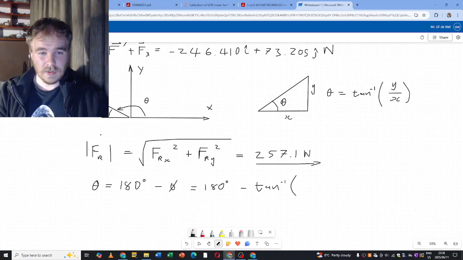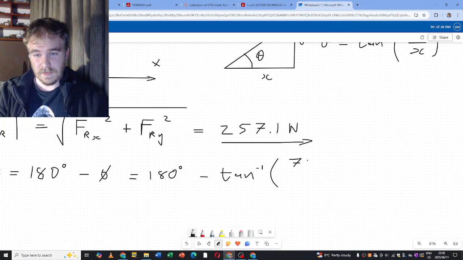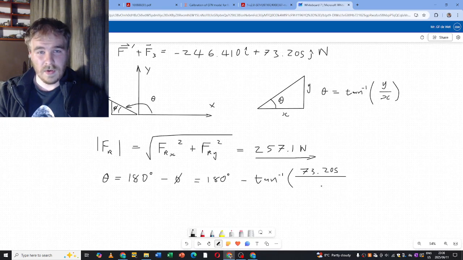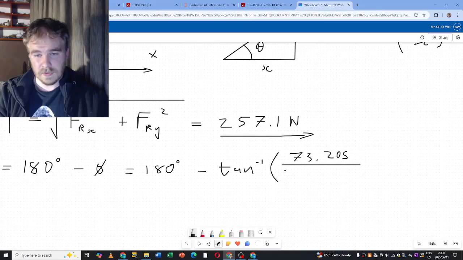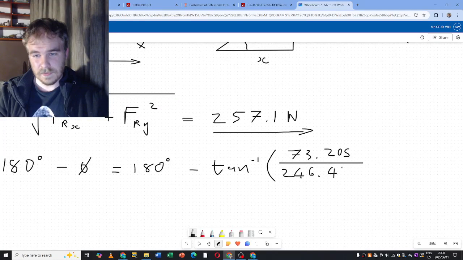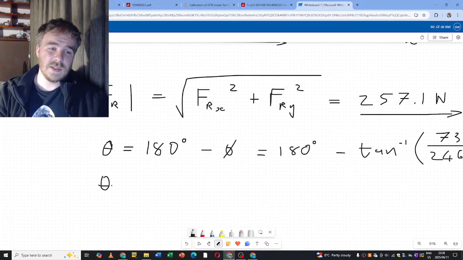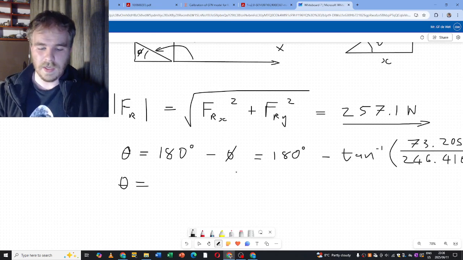of the y side, and the y value of the force is going to be 73.205, all over 246.41. And we'll write the 0 there as well. Great. Now let's see what angle do we get at the end.